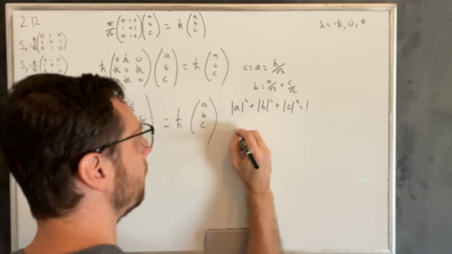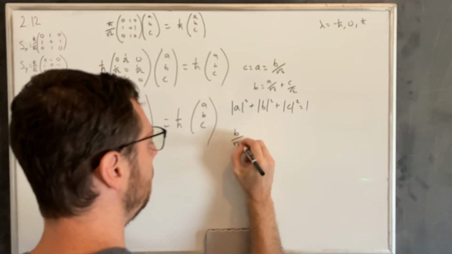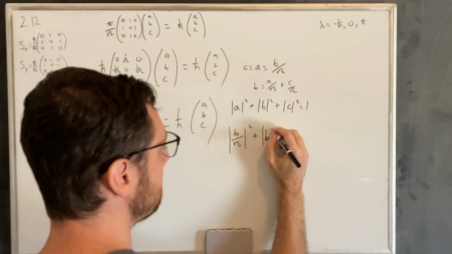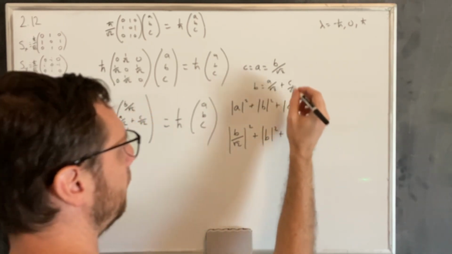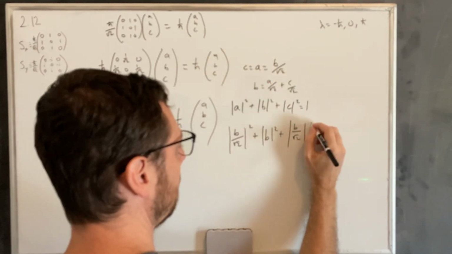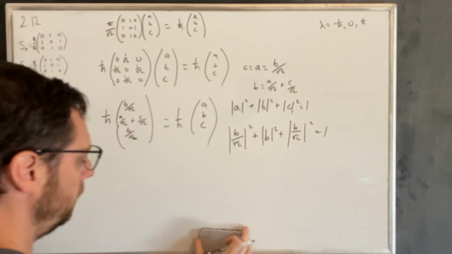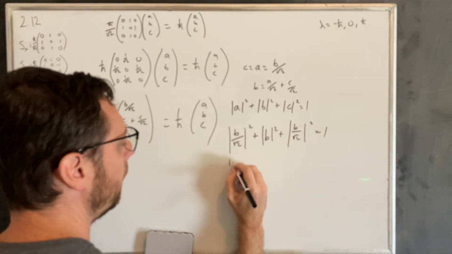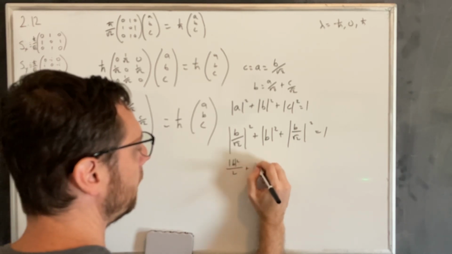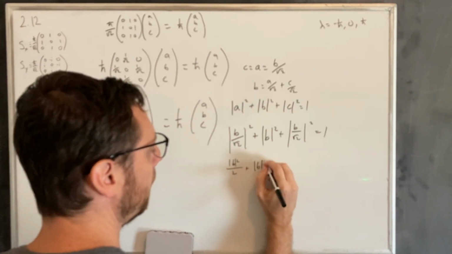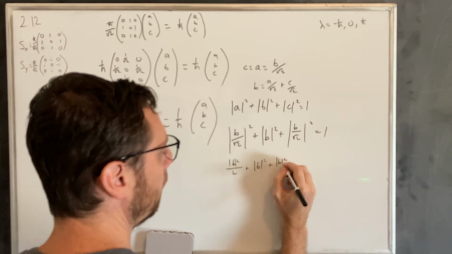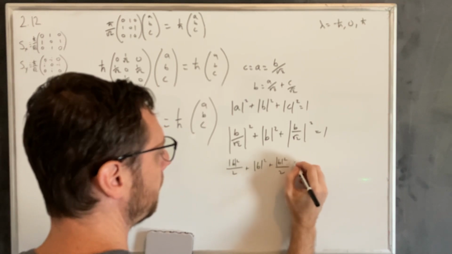So a is b over root 2, squared, plus b squared, and c is the same thing, b over root 2, squared, and that should equal 1. Squaring these, we have b squared over 2 plus b squared plus b squared over 2 equals 1.